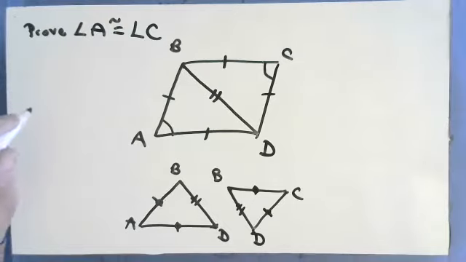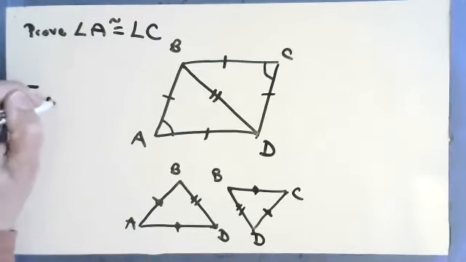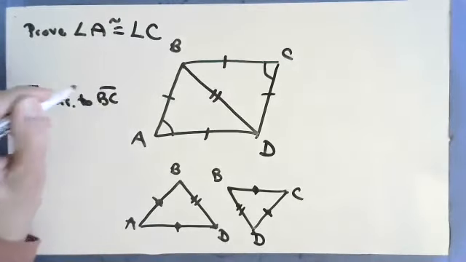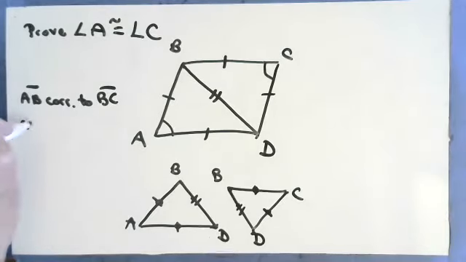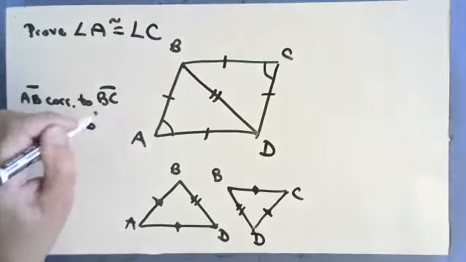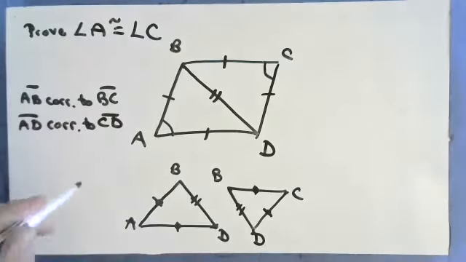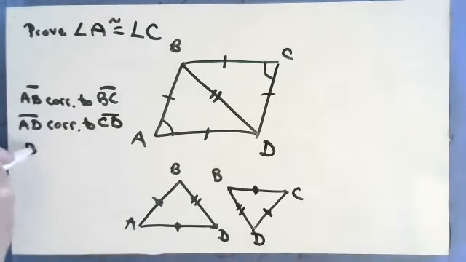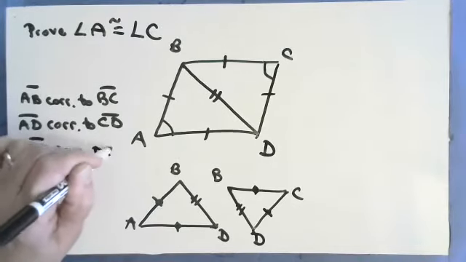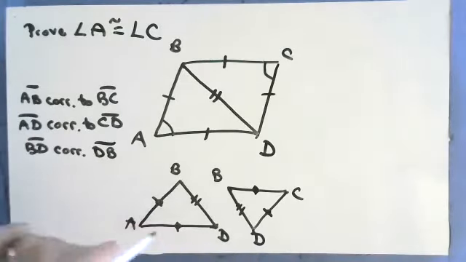So let's write it down. AB corresponds to BC, and AD corresponds to CD. And then we know that BD corresponds, we'll call it DB just to make sure that we're thinking about two different diagrams here.